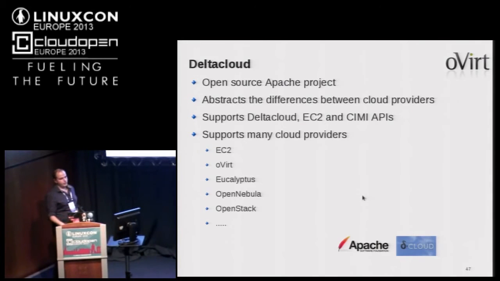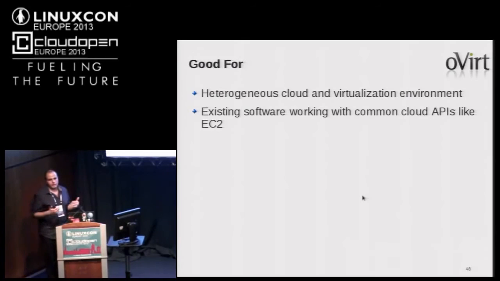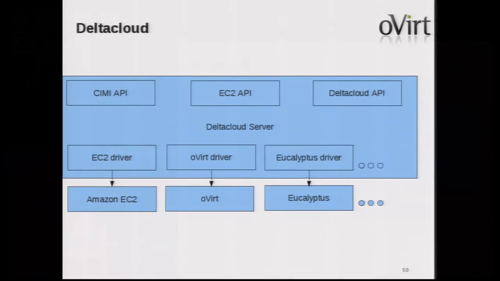Basically, if you have an environment with a lot of different cloud providers or virtualization providers you use, and you would like to work with a common set of APIs on top of that, then you can use Delta Cloud. It supports oVirt as well. Again, just a way to use another set of API.